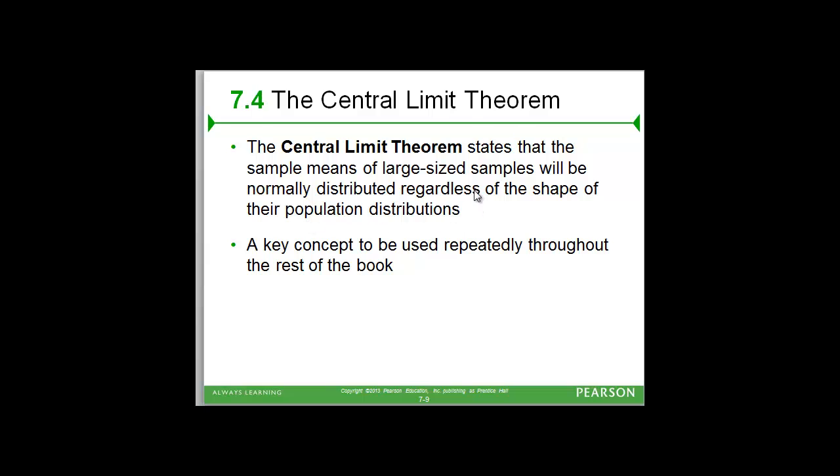So this theorem builds the connection between the sample, the population, and the normal probability distributions we learned. Just want you to know that this is a key concept. We're going to use it repeatedly throughout the rest of this class.